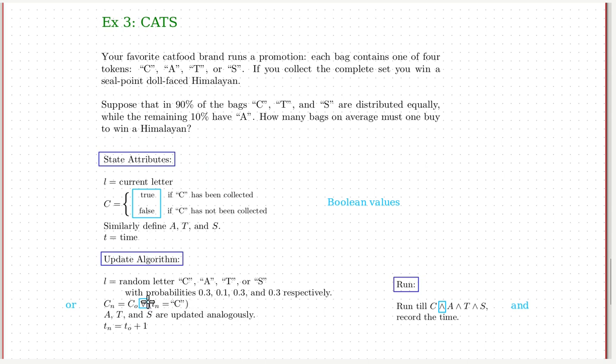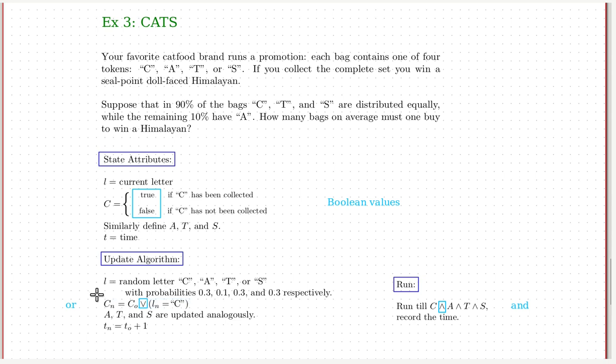Now, the second condition after the OR is that the new letter is equal to a C. So if the new letter ln is equal to a C, that means we've just collected a C, and even if the old value of the Boolean variable C0 was false, we still want the new value Cn to be true because we just got that letter C.